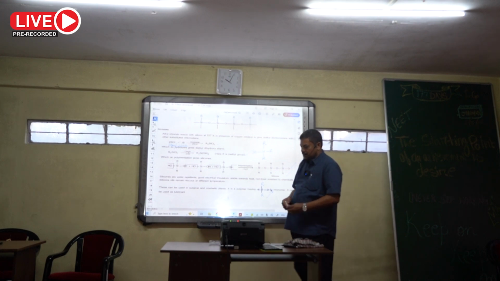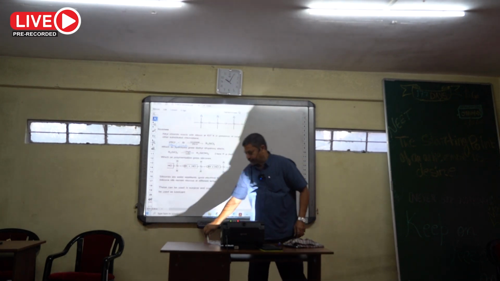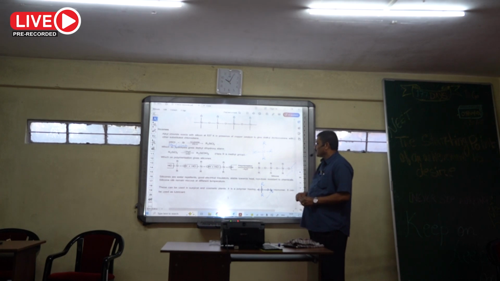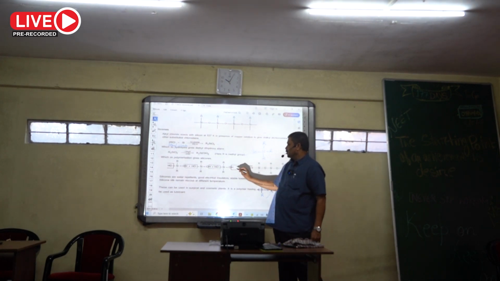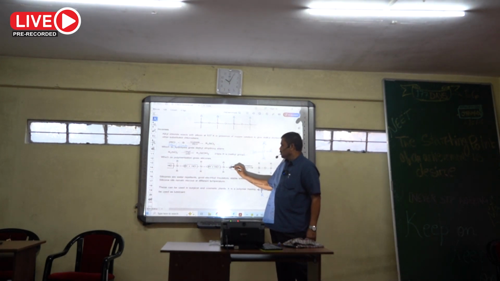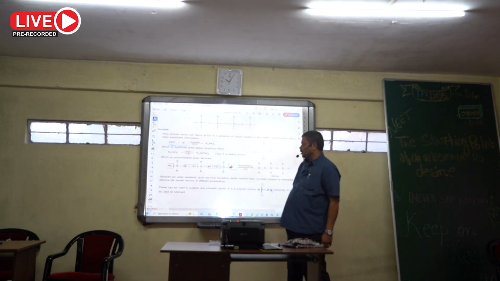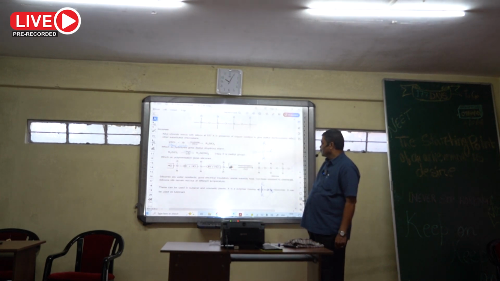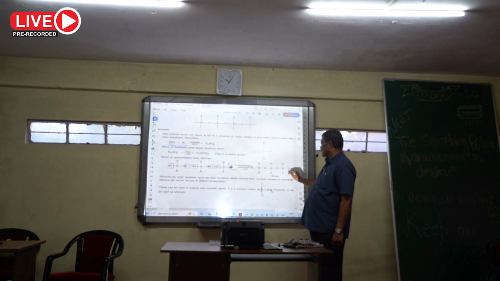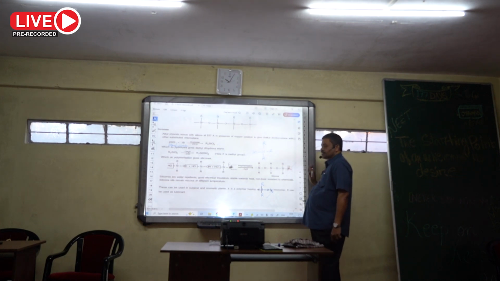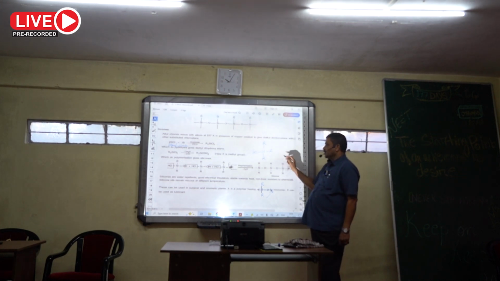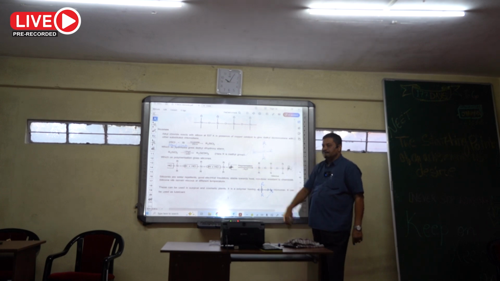Suppose if you use this trialkyl compound, suppose if this is also, I am substituting alkyl group, then the chain stops here. It cannot further progress. So what is the chain terminating substance?